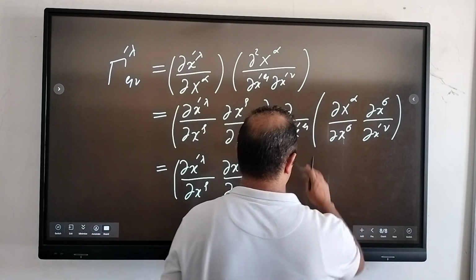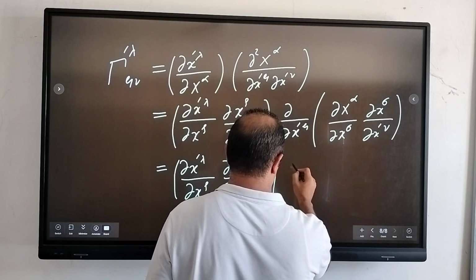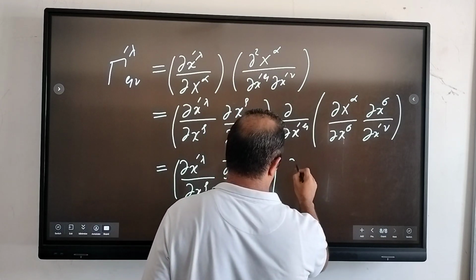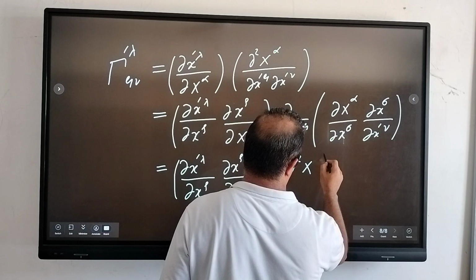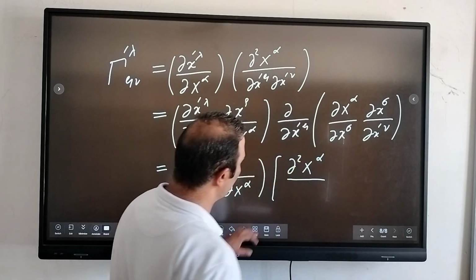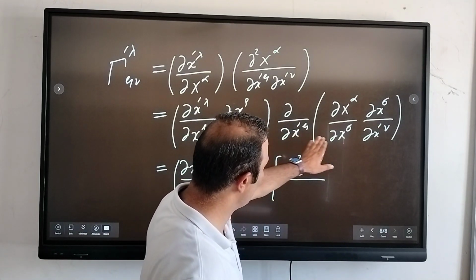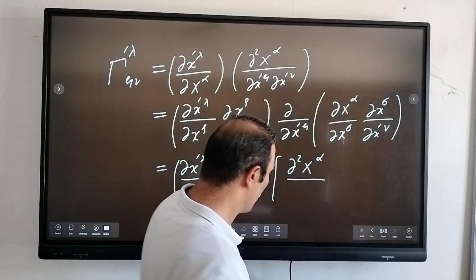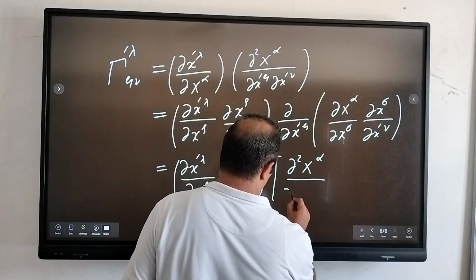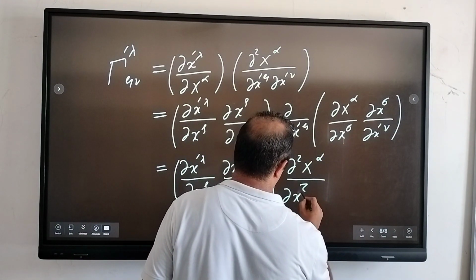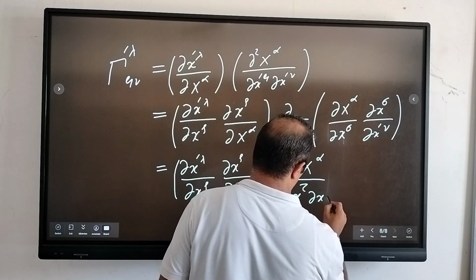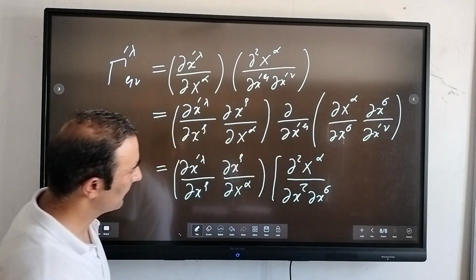So we can rewrite this as partial x alpha. Now, in the denominator, we should have partial x prime mu and partial x rho. Now, instead of that, I am writing here partial x tau and partial x rho, right?